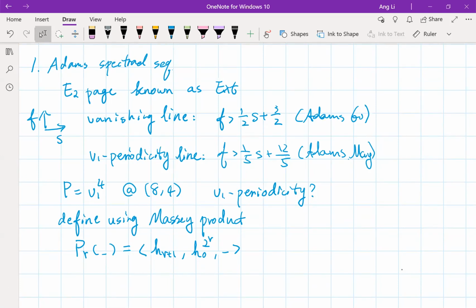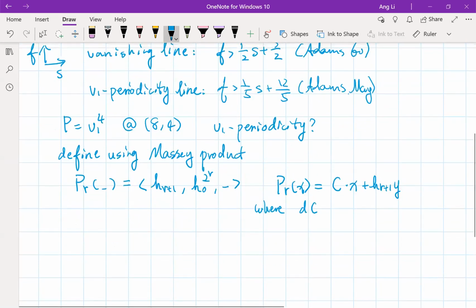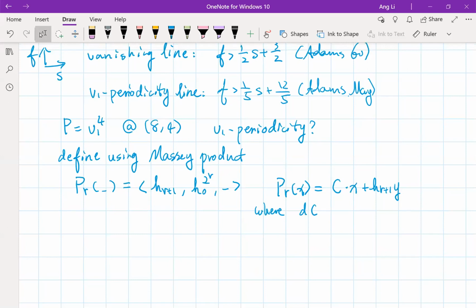So how this is doing: if I plug in an X to this bracket, then it is defined by C times X plus HR plus 1 times Y, where I want the differential of my C hitting the product of the previous two positions in my bracket.